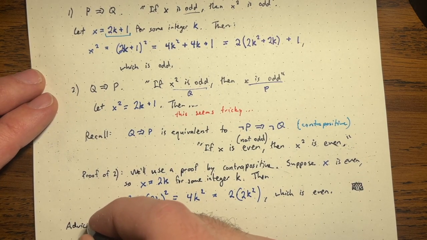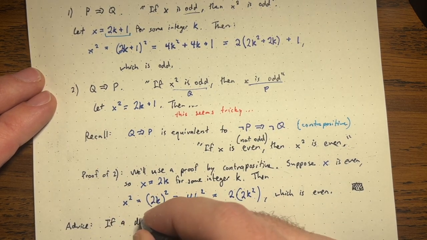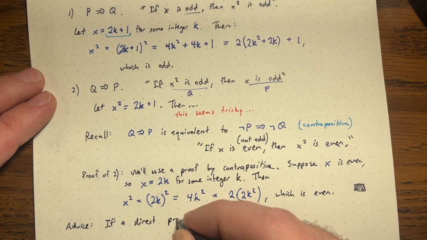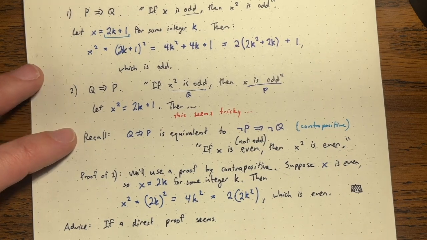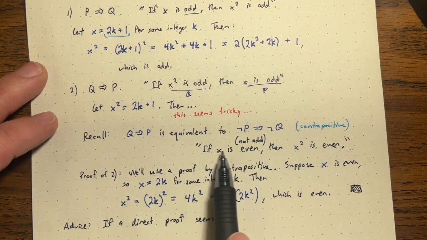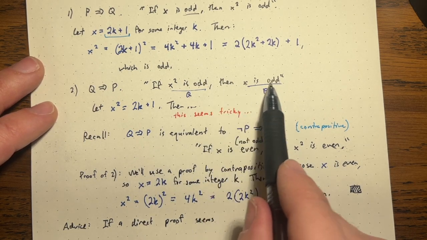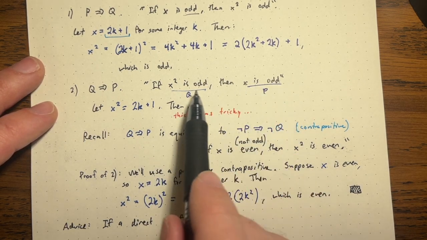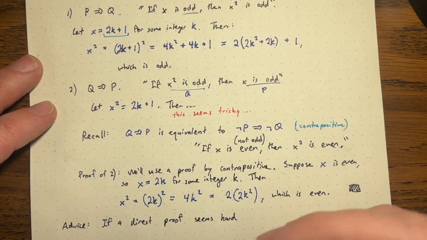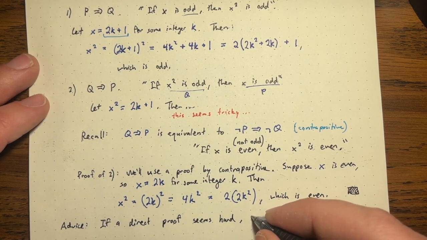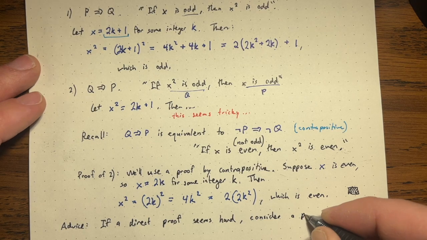Advice: if a direct proof seems hard, like maybe the then part here is a bit more tangible than the if part, in that case, you often want to try a proof by contrapositive. So you should at least consider a proof by contrapositive before giving up.